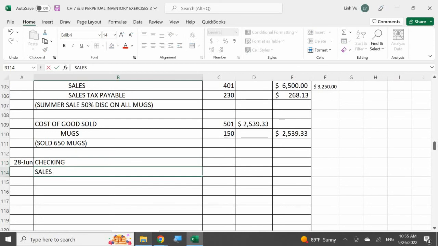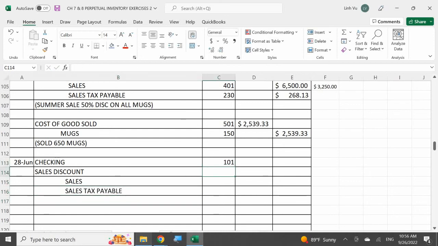We're going to recognize that we gave a sales discount. We got to recognize that we sold the product, and we had to charge sales tax on top of that. Okay, so 101, sales discount was 405, sales is 401, tax is 230.